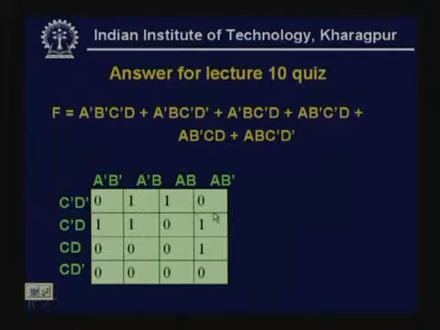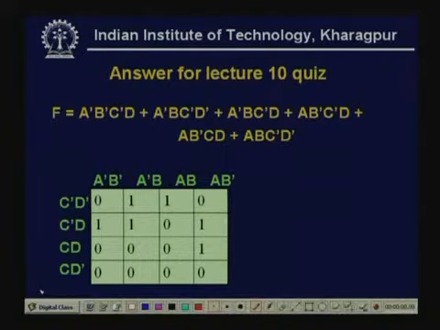Now, if we do the couple or quad or the octet, whatever it be, here it will be only couples. These will be one couple, these will be another couple, and this will be a couple. So, there are 4 couples.